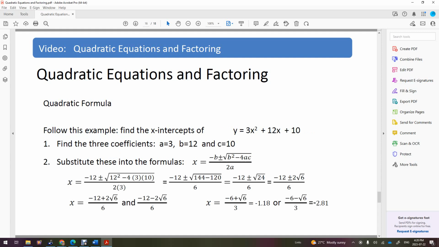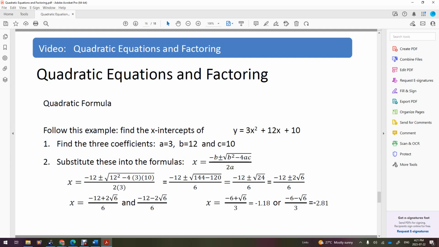If we take the example y equals 3x squared plus 12x plus 10, a is the number of the first variable, 3. b is the number of the second variable, 12, and c is the last constant number, 10. We take those values and substitute them into the formula. This should always say y equals, but you can use x equals.